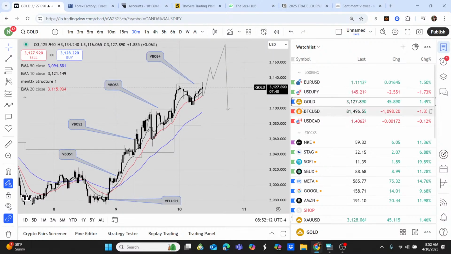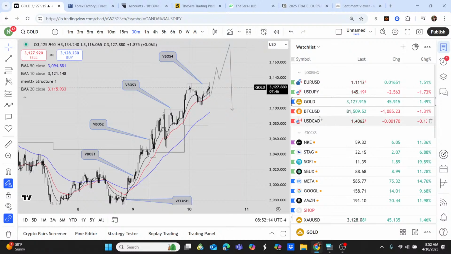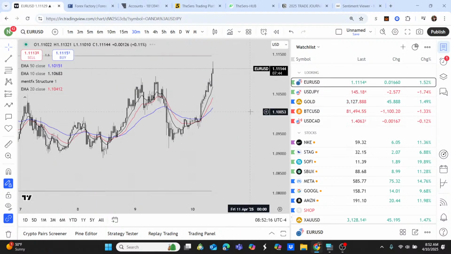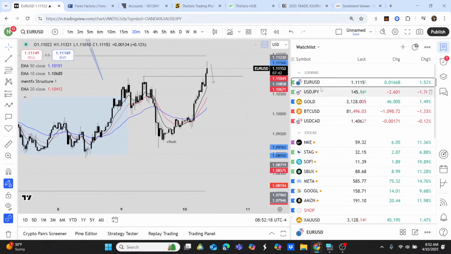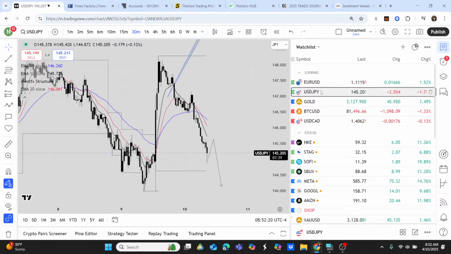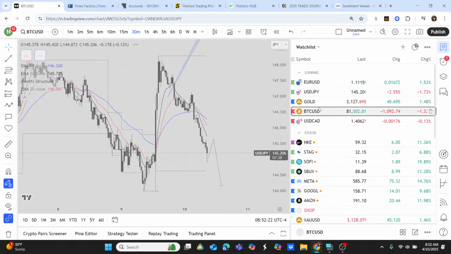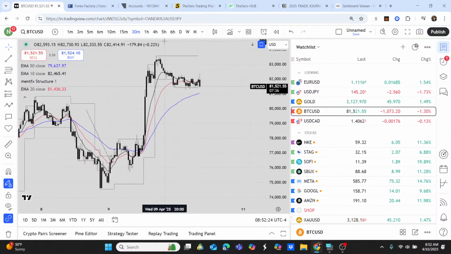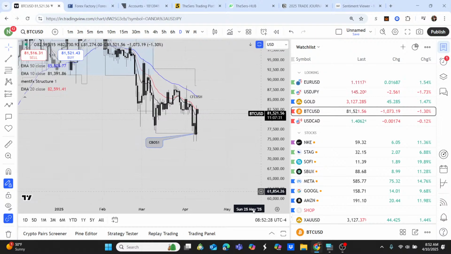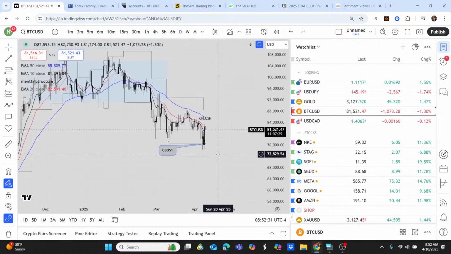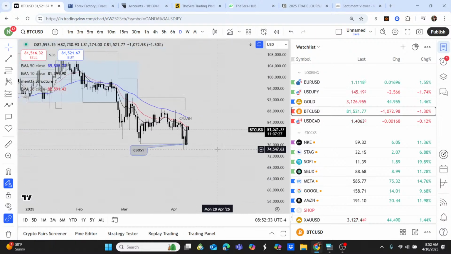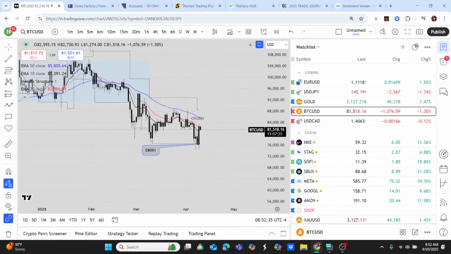So gold, I'm not interested in right now. The first two I'm looking at are Euro USD and potentially USD JPY. Let's analyze Bitcoin as well. If I go on the daily, let's see what we're doing. Honestly, I don't like this price action.